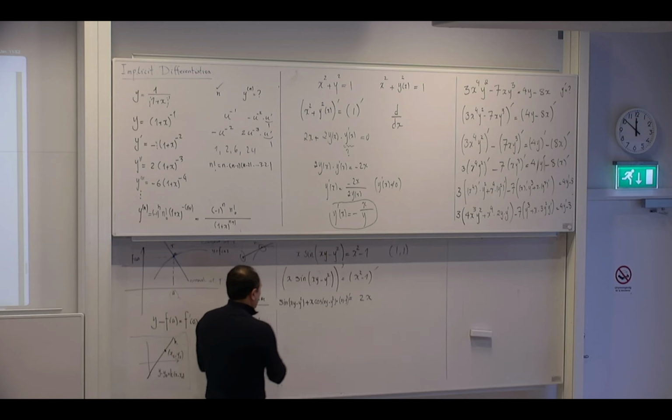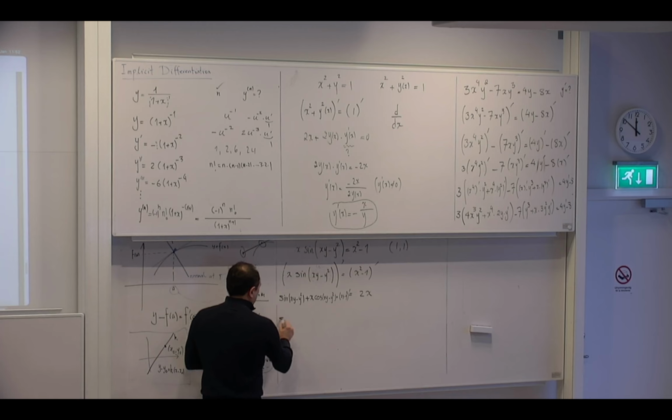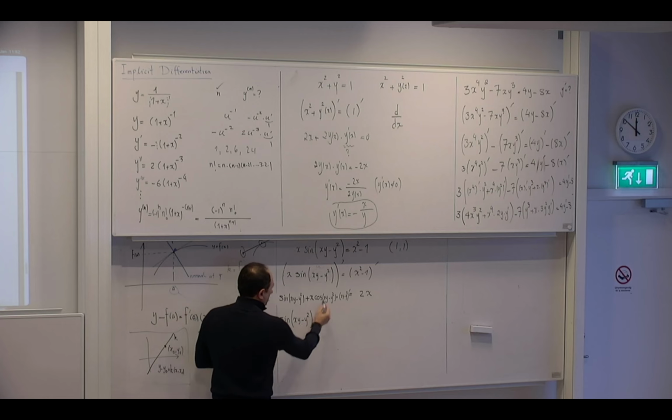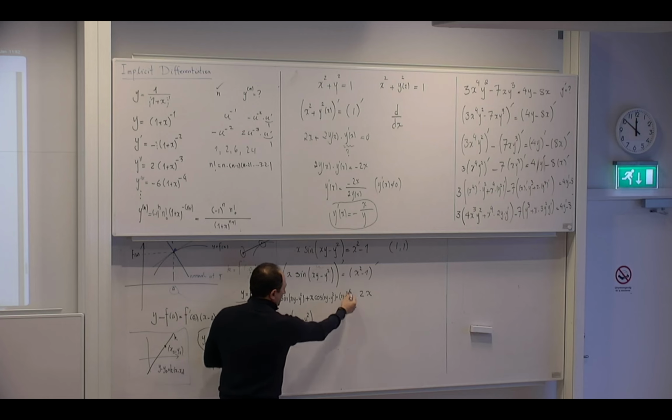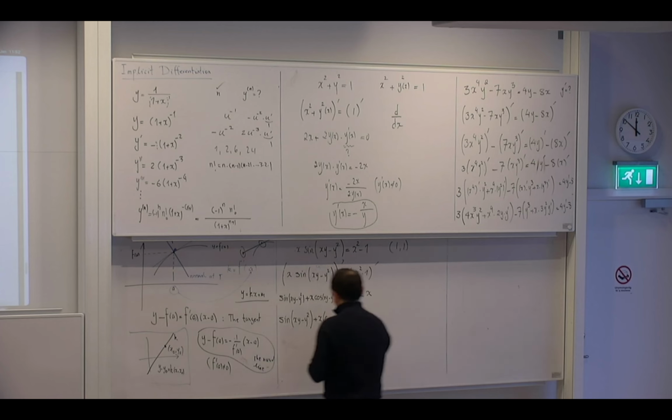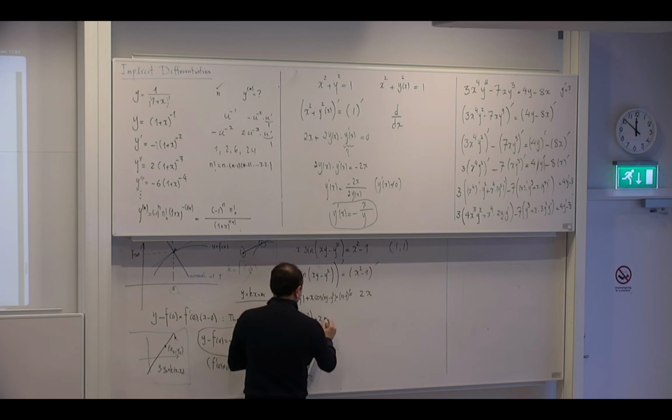Okay, so I copy and paste this part. But this one I have to do, there is a prime here, you see? So this one becomes x cosine xy minus y squared, and then multiplied by that.